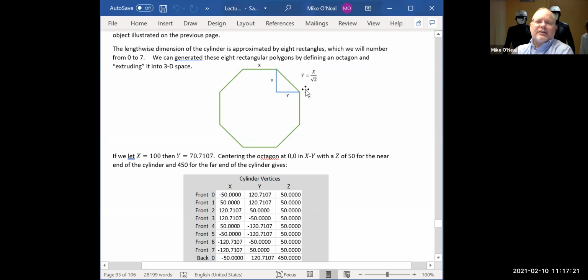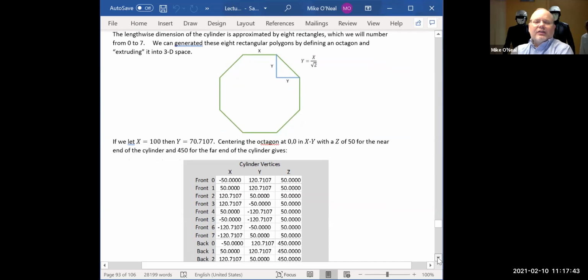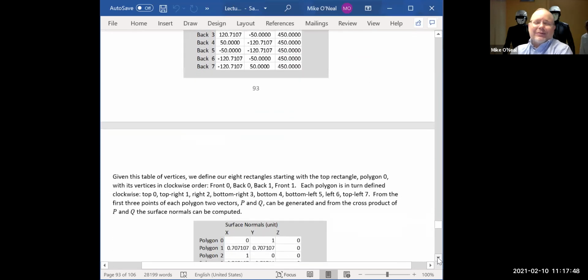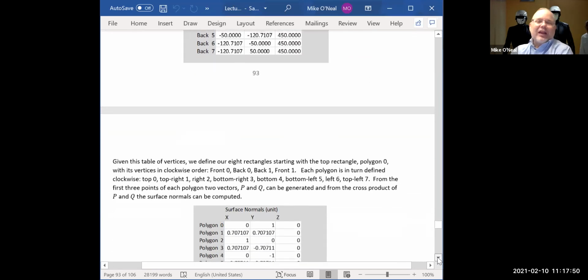And that's because, again, this is 70.7107. So I had to add that to my x and subtract it from my y, because my y is going down as I move in this direction. And so that's how you get those values. You can just say, screw it, I don't care, I'm just going to use those values directly in my program, but I wanted you to see where they came from.